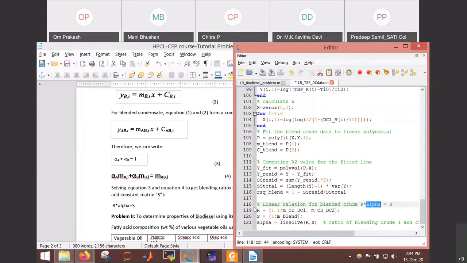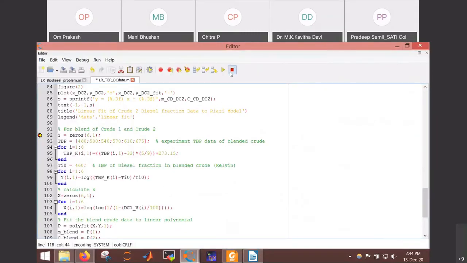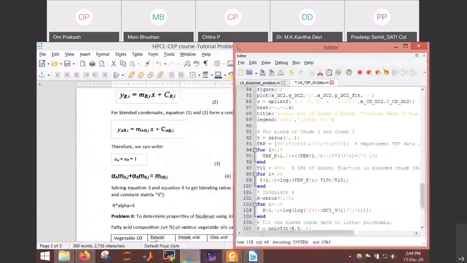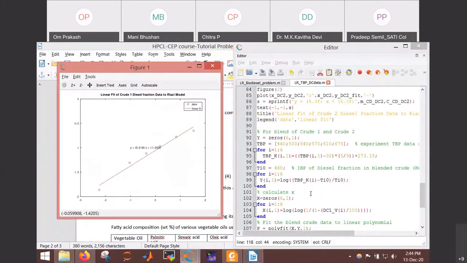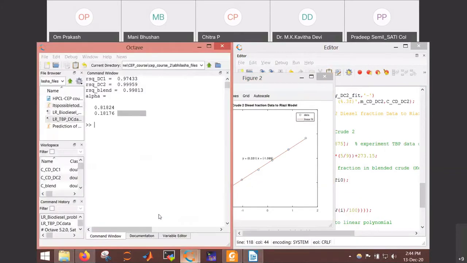So let me run it. You see alpha is given here. So it's 0.81 and 0.18. It means that I want to mix 0.81 fraction of the first crude and 0.18 fraction of the second crude.